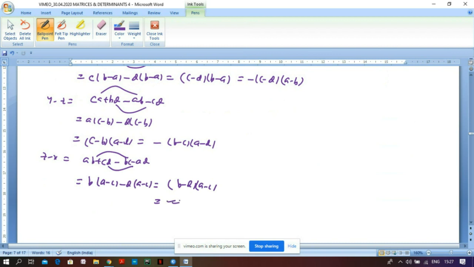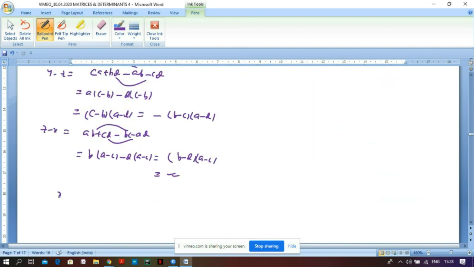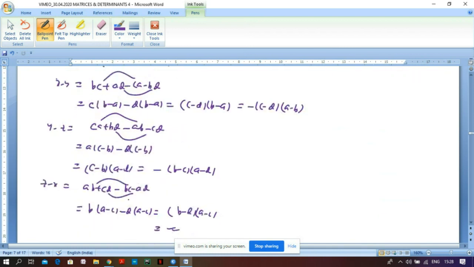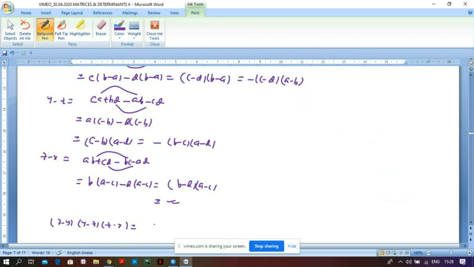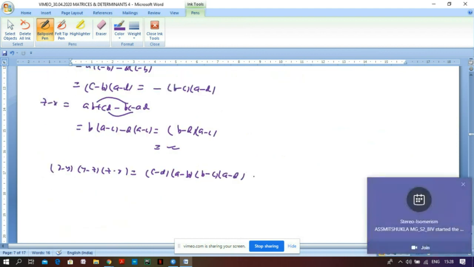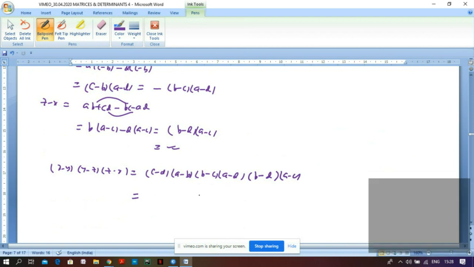Now our answer is the product of all these: x minus y, y minus z, z minus x. That becomes (c minus d)(a minus b)(b minus c)(a minus d)(b minus d)(a minus c). Now I can write it in terms of the same thing directly.